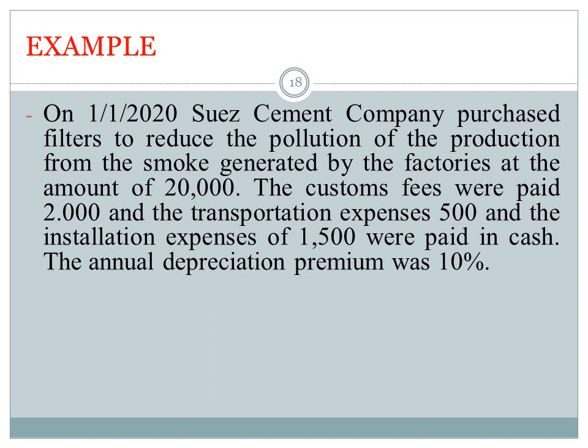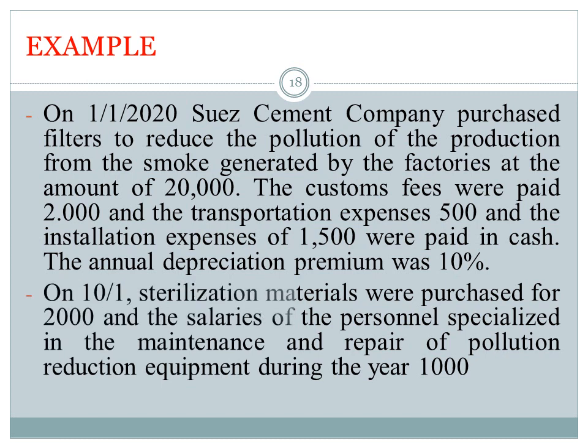The annual depreciation premium was 10%. On 10/1, sterilization materials were purchased for 2,000 and the salaries of the personnel specialized in the maintenance and repair of pollution reduction equipment during the year 1,000.